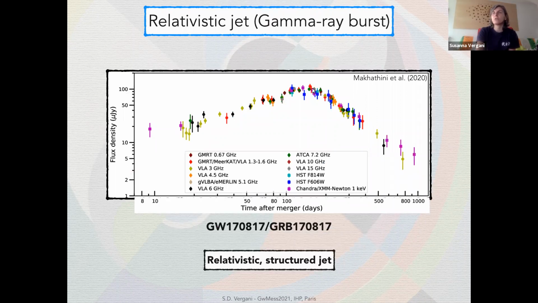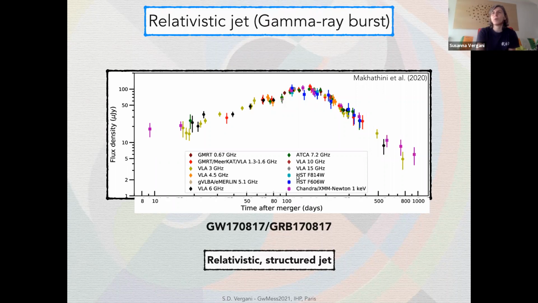It is a collection of all the observations corrected by the spectral index, so as to be able to show you them all together here. So you can see a rise, a peak, and a decay. And you can see that these observations have been taken at very different frequencies. You have X-rays from Chandra, a satellite that observes in X-rays.